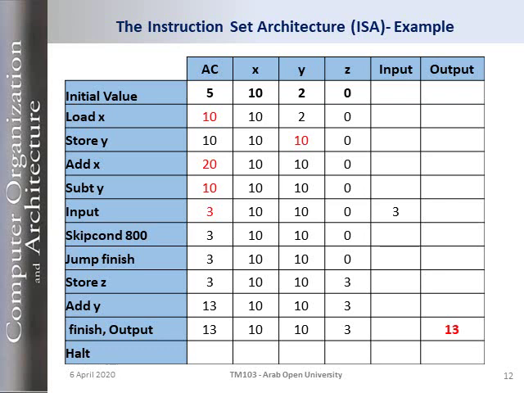X is somewhere in memory and has the value 10. Y, also a variable, has the value 2. Z has the value 0. Input and output: this is what is inputted by the keyboard, and this is the screen, what will be outputted on screen. So we'll start. These are the initial values, as you can see.